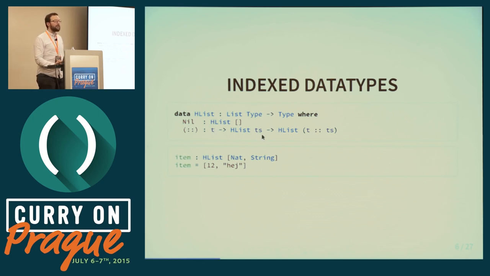And this Ts is a list of types, which are the types of the elements of the tail of the list that you're constructing. So in this particular case, I have 12 cons "hi" cons nil. And so it doesn't have to be from the same type? No, it's heterogeneous. Yeah, exactly. Oh, okay. This is an encoding of a heterogeneous list by telling us which types we have in each position. That makes sense. Thanks for asking.